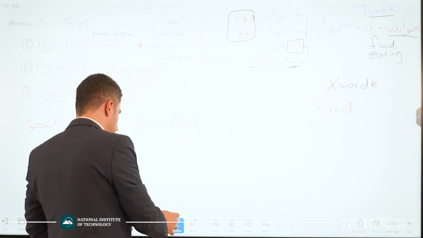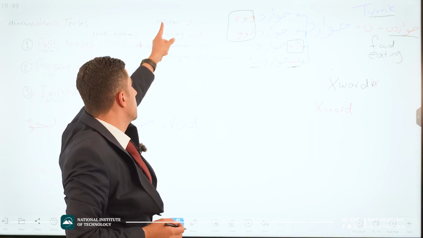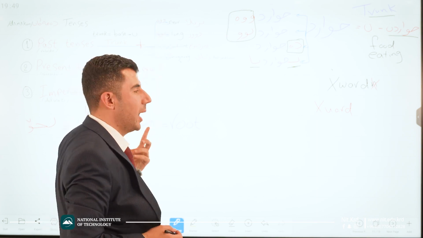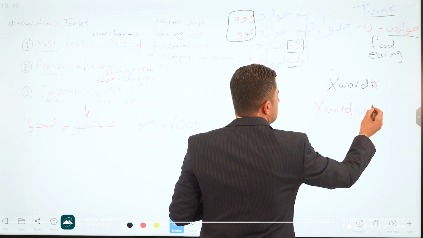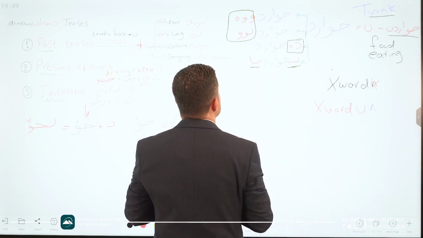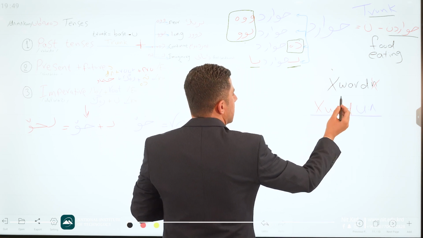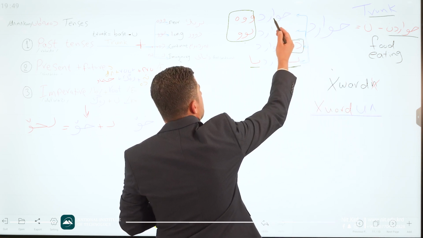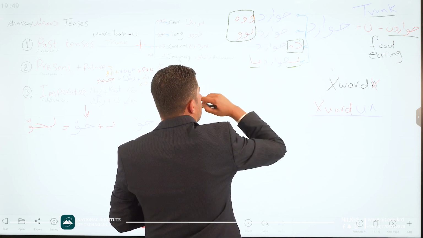For making what? For making past near, we say that we have to add wa. Right now this is khwardua. Khward in Kurdish, and we add wa at the end.